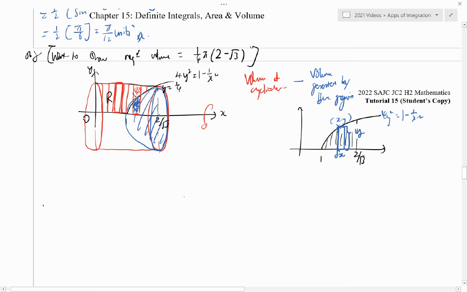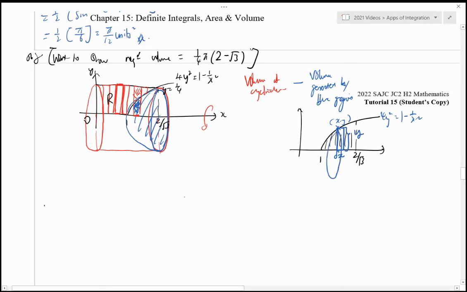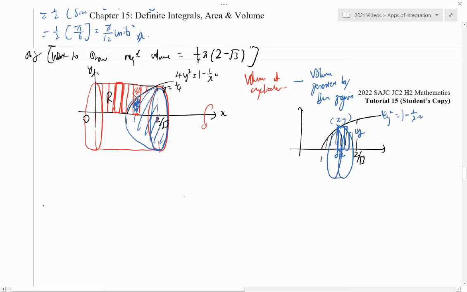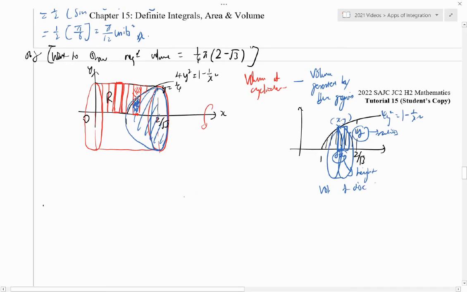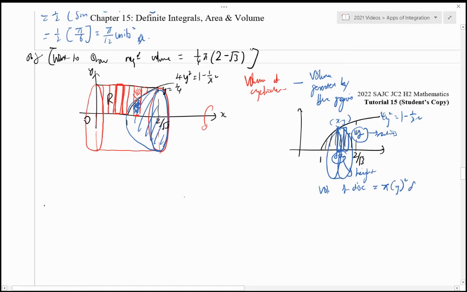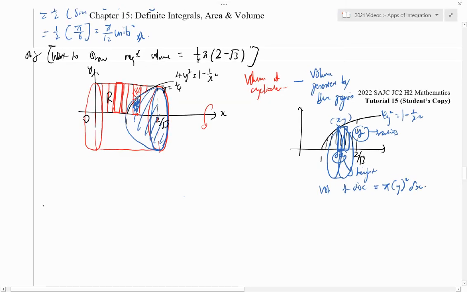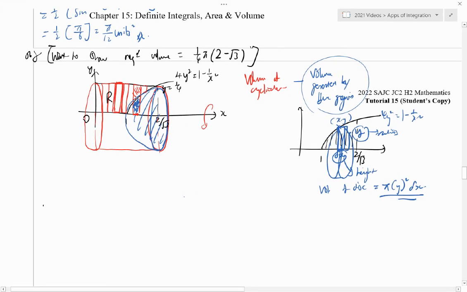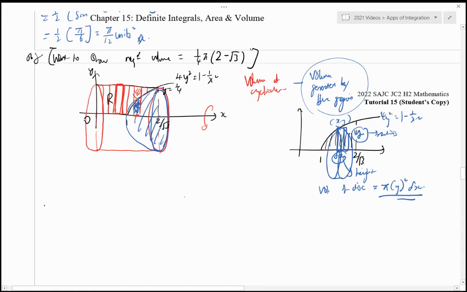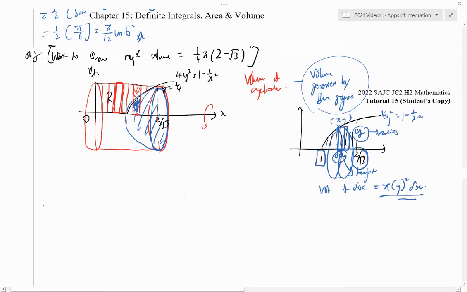So when this strip rotates about the x-axis, it actually forms a disk with radius y and height of delta x. So the volume of the disk is pi r squared h. If I want the entire volume, I just need to integrate this expression, for which the limits are x equals 1 to 2 over root 3.